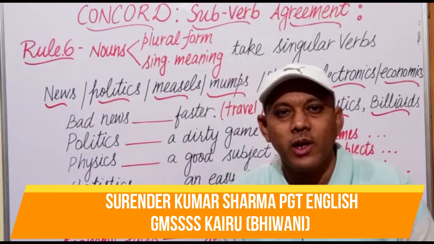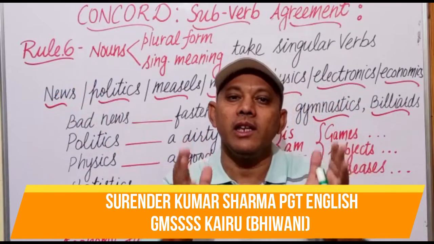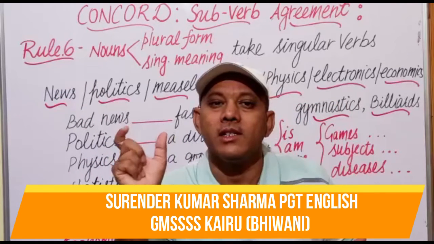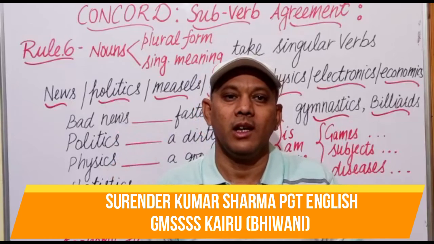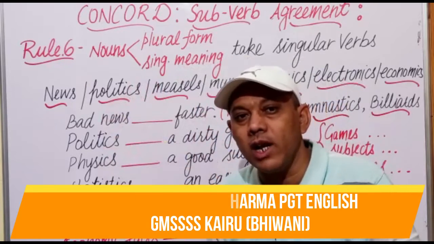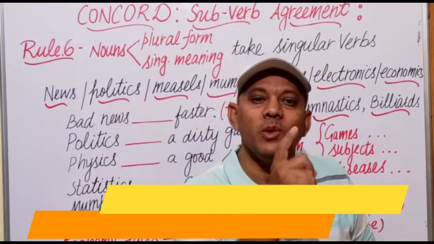As you know, we make plurals by adding s, es or changing certain vowels in the form of singular nouns. It means if we add s to a singular noun or es to a singular noun, it becomes plural.